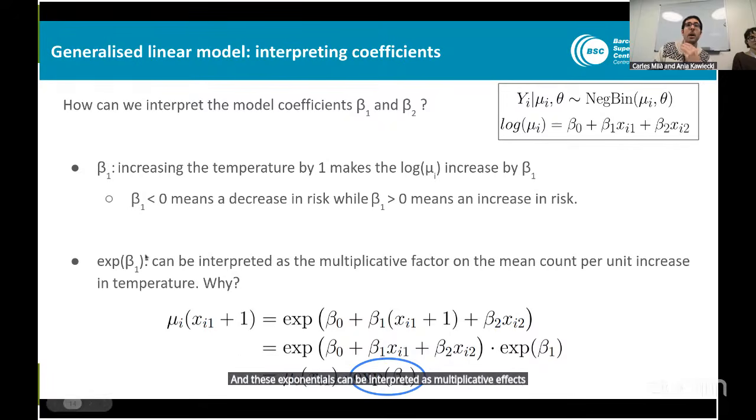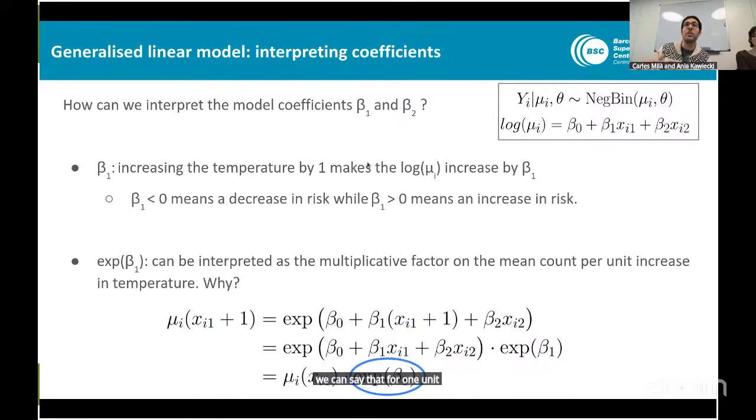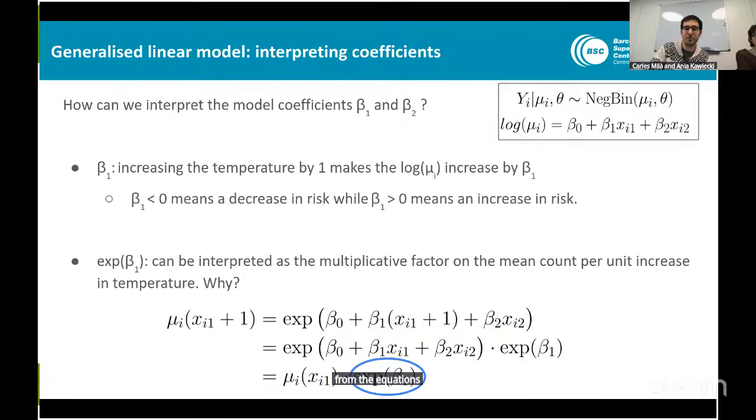For example, if we have an exponentiation of beta 1 equal to 1.1, we can say that for a 1 unit increase in temperature, the mean will be multiplied by 1.1. In these equations, I have just left them here in case some of you are interested to see how this interpretation can be derived from the equations of the linear predictor.